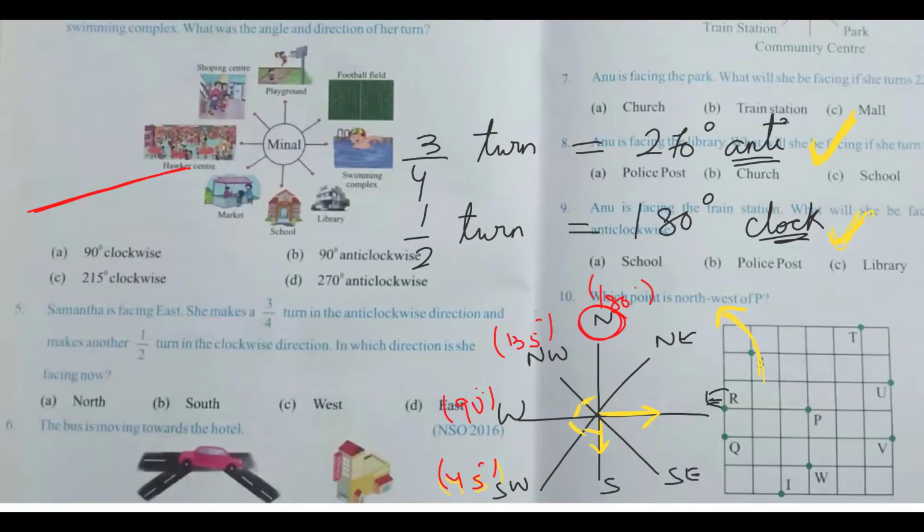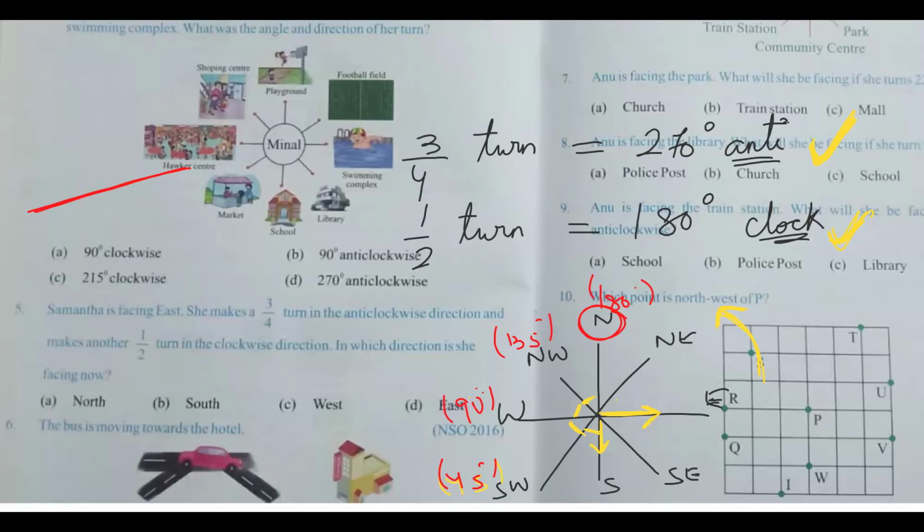If a person is in the west and takes a 180 degrees turn, they will be facing east. So a 180 degree turn means just the opposite direction. You don't even have to count the angles.